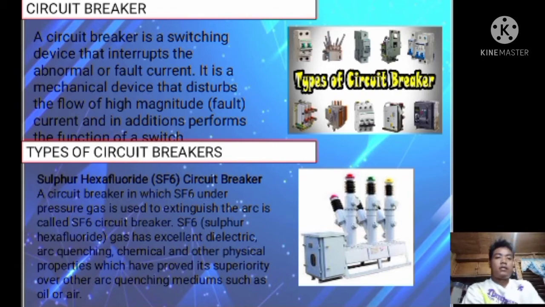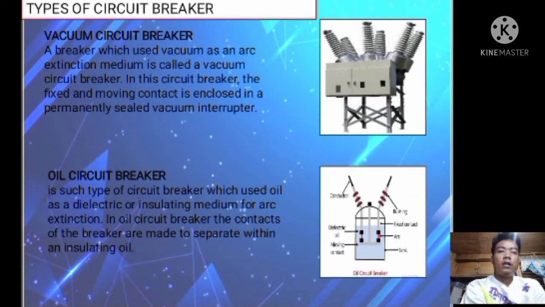So, next is yung other types pa rin ng circuit breaker, yung vacuum circuit breaker. A breaker which uses vacuum as an arc extinction medium is called vacuum circuit breaker. In the circuit breaker, the fixed and moving contact is enclosed in the permanently sealed vacuum interrupter.